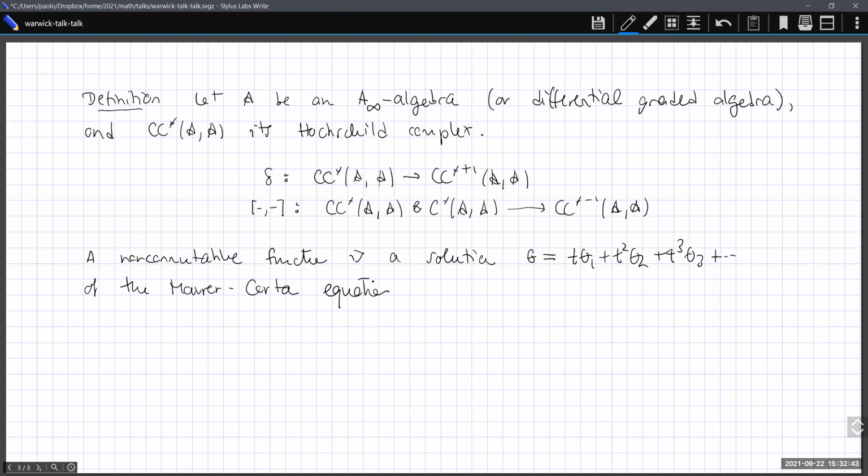So the Maurer-Cartan equation is delta theta plus half theta bracket theta equals 0. When you spell this out, t is a formal variable of degree 2.